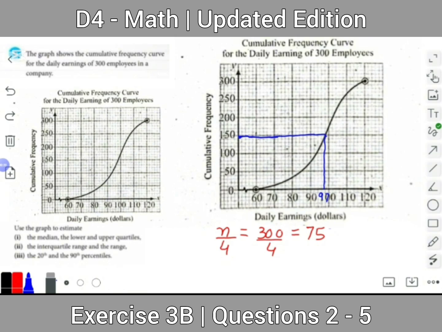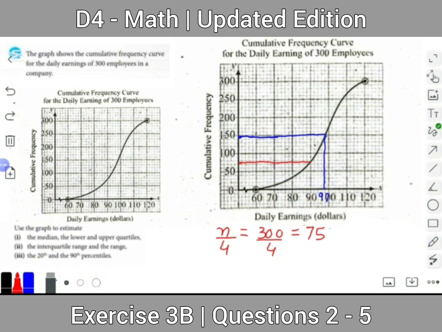So first we will look for 75, since we know that each square unit along the y-axis is equal to 10. So here we have 50, 60, 70, and between 70 and 80, 75 lies somewhere here. So here we draw a horizontal line until it cuts the cumulative frequency curve.